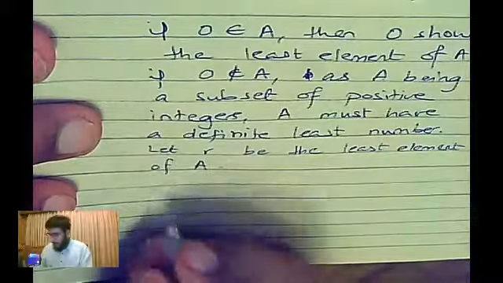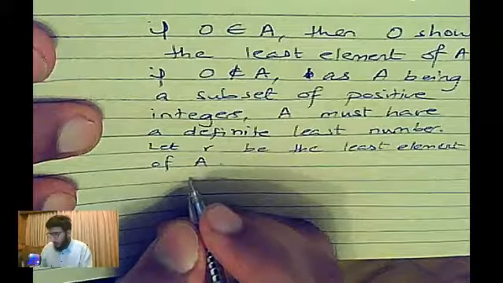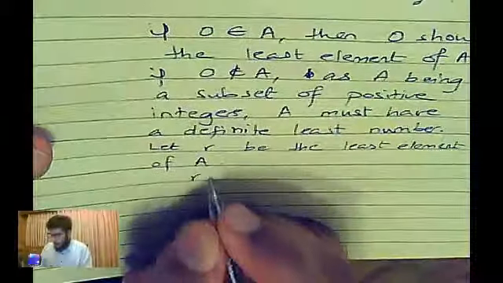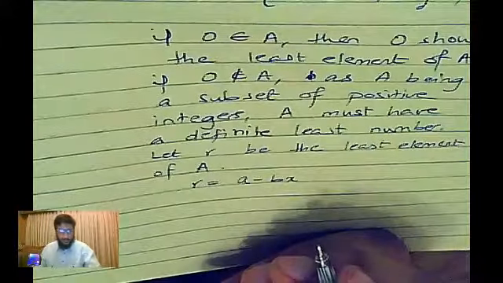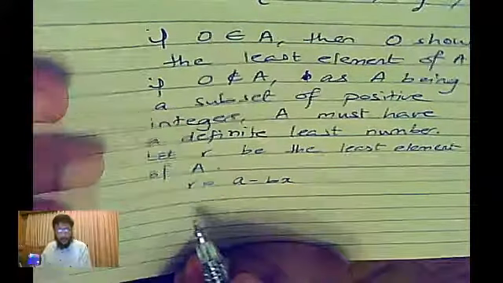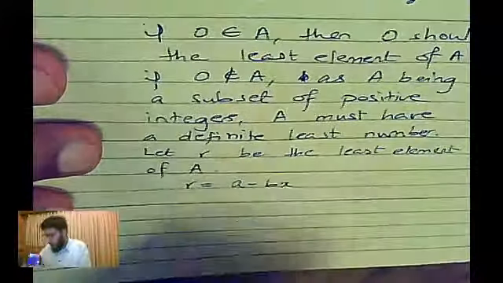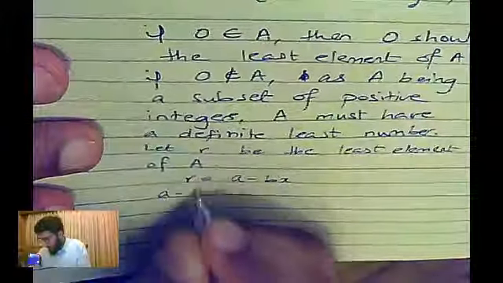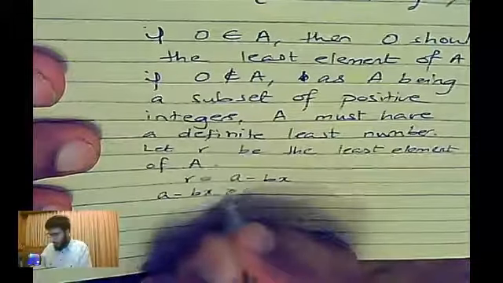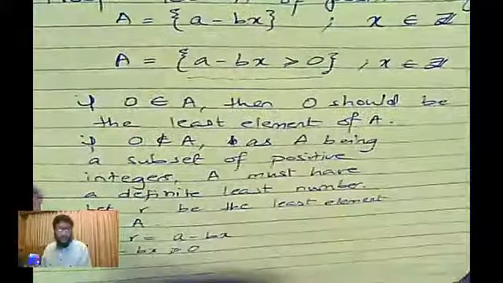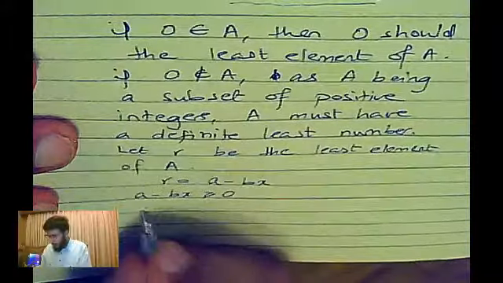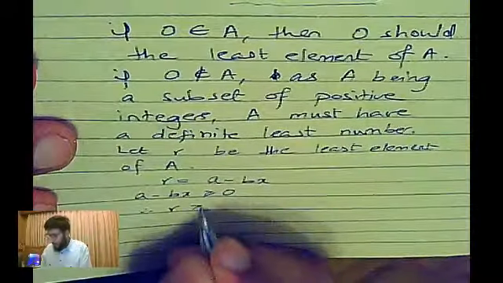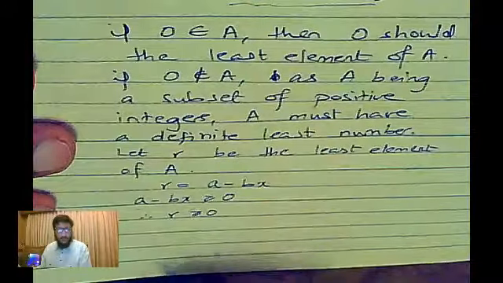Then we can say that since R also belongs in A, R equals A minus B times X. Now A minus BX is greater or equal to 0 as we have defined over here, and this is equal to R, therefore R is greater or equal to 0.